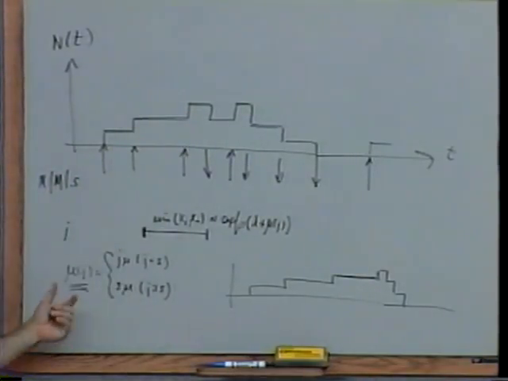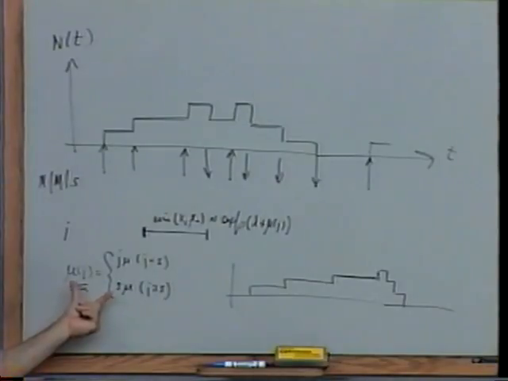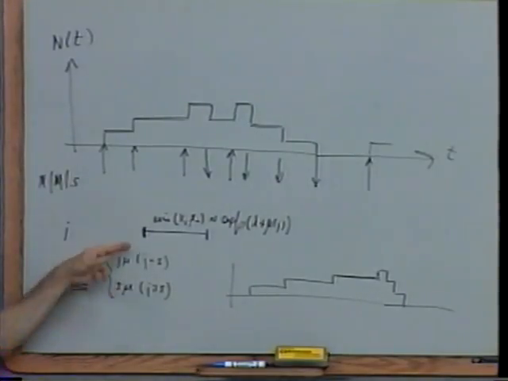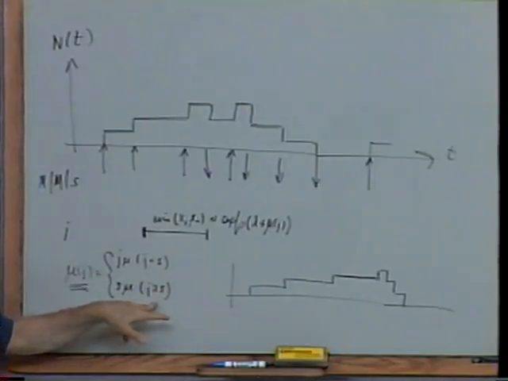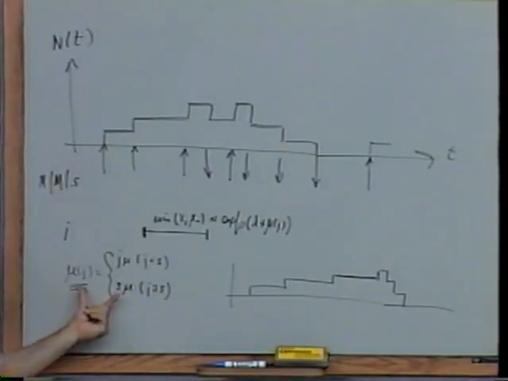So the assumption that we have exponential service times with these rates, j mu when j is less than s and s mu when j is greater than or equal to s, is not critical.